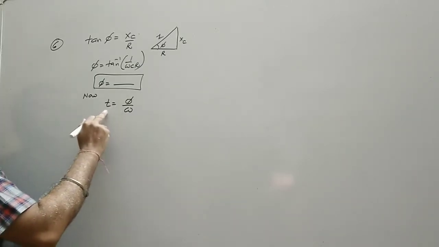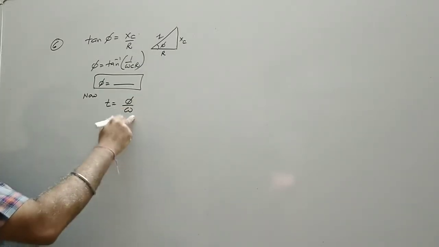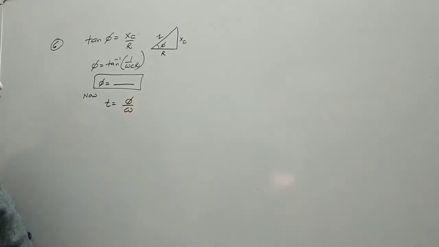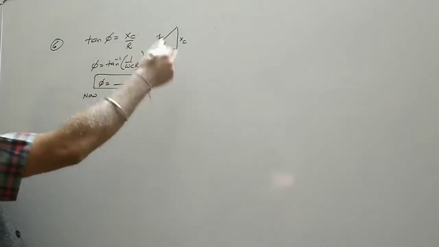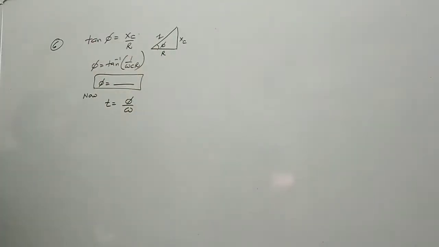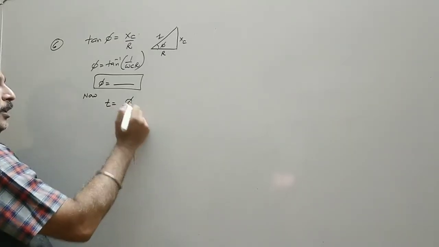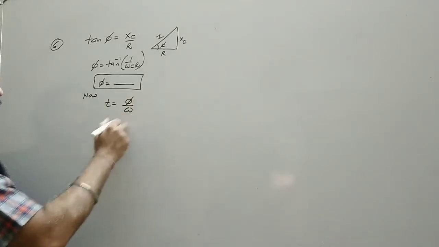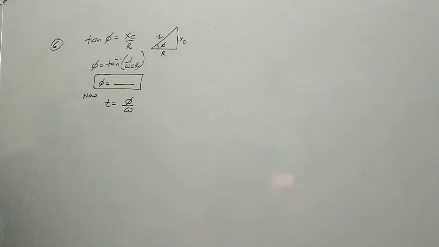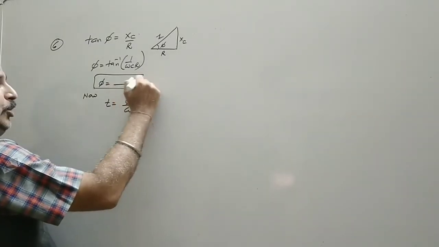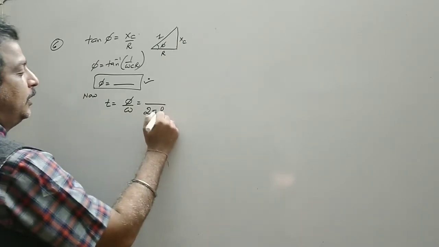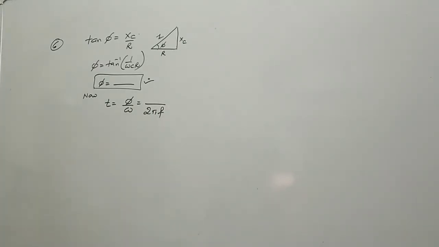Or you can say directly, you can remember like this, that time is equal to angular displacement upon angular velocity. So T is equal to phi upon omega, because we have considered this voltage and current as phasors. So phasors are rotating vectors. So here T is equal to angular displacement upon angular frequency or angular velocity. So whatever angle you get here, you substitute this angle here, and in the place of omega we can again write 2 pi f.